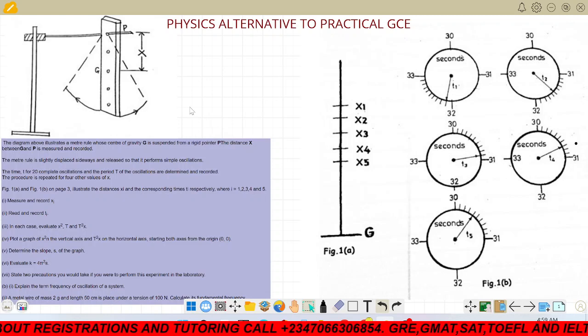You are going to be given the instructions and you are going to plot a graph. So it is more like an examination where practical is not going to be done, but you are going to see the diagram and the explanation on how the practical should have been carried out.